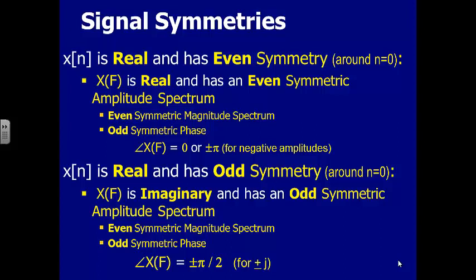Now, the magnitude is still even symmetric, the phase is still odd symmetric, but the function itself is odd symmetric. Because it's purely imaginary, the only values I can have for phase are plus j, 90 degrees, or minus j, minus 90 degrees. So again, only two possible values for phase for a real valued odd symmetric function.